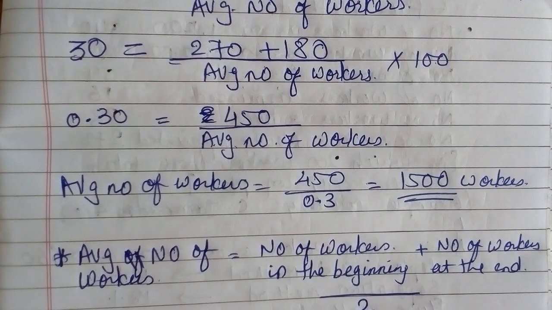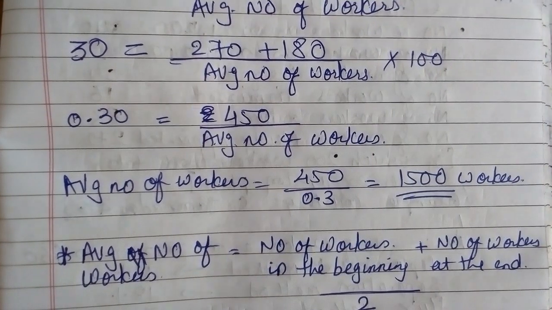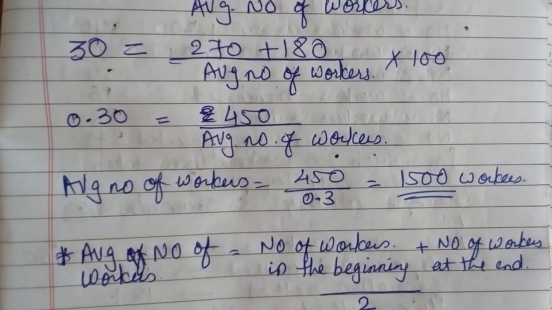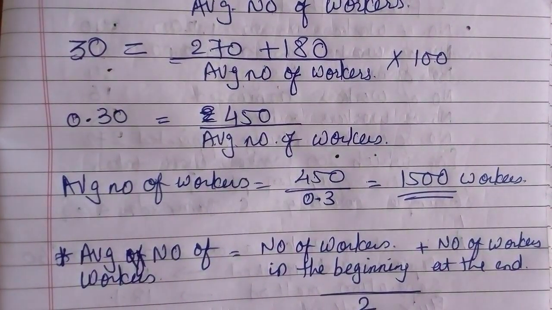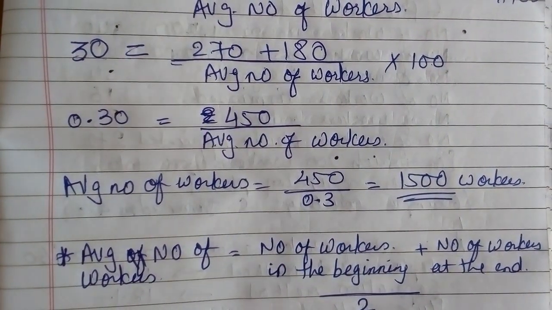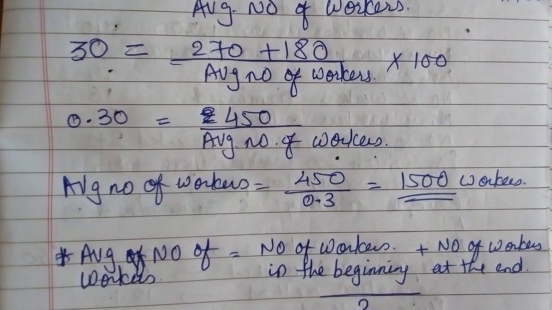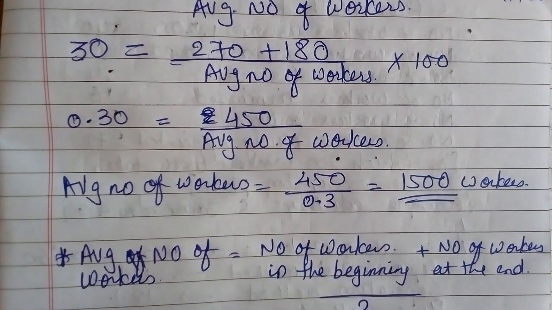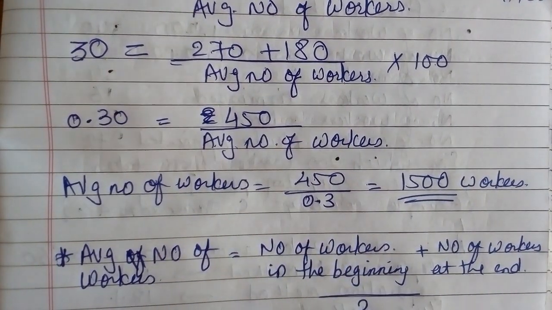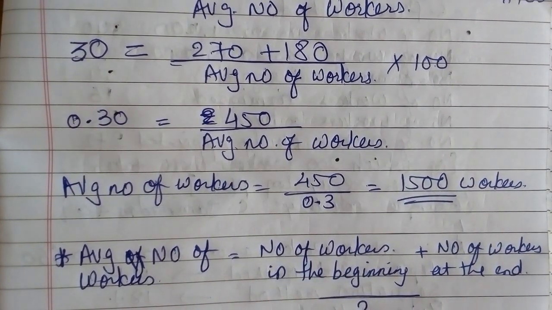So number of workers in the beginning given 1350 plus 1650 divided by 2. So 1350 plus 1650, sorry, this is 1500, 1500. 1350 plus 1500 divided by 2.